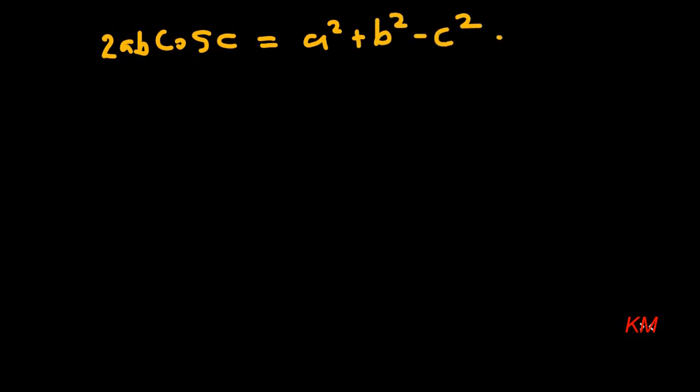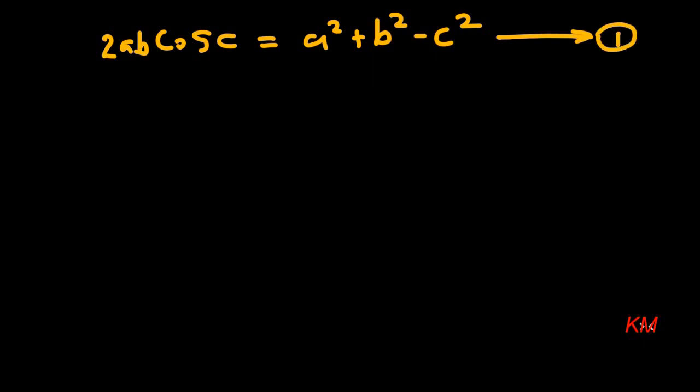Now we can simplify our above expressions like this. Cos C multiplied by 2ab is equal to a square plus b square minus c square. That is our equation number 1.